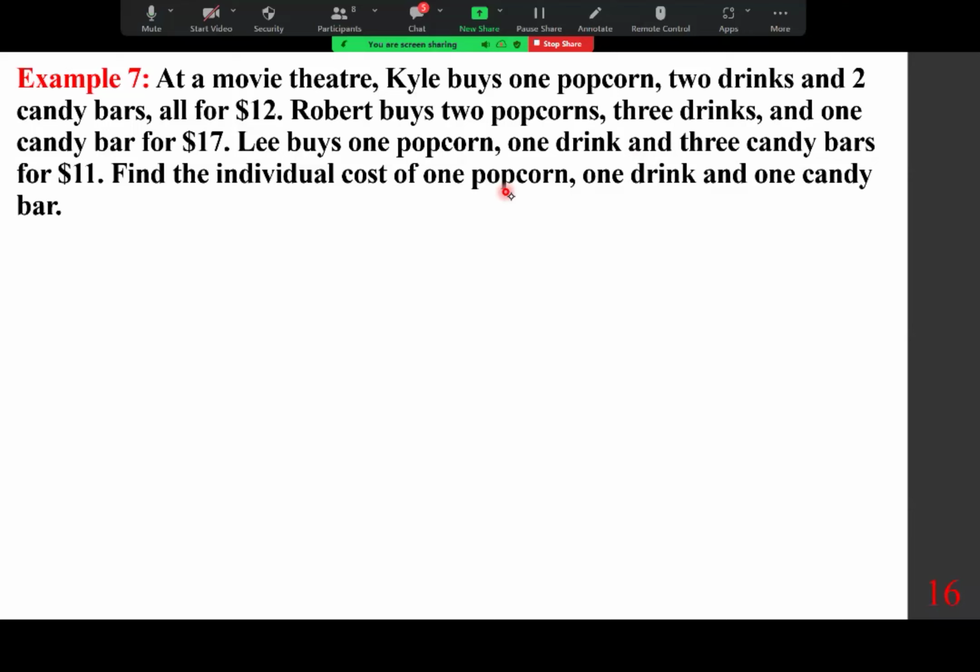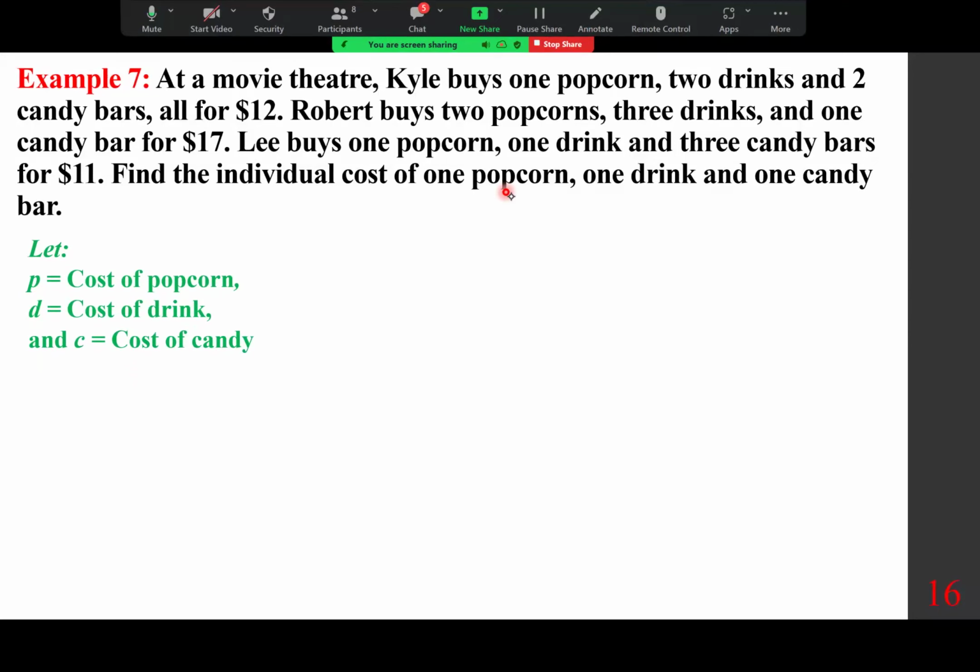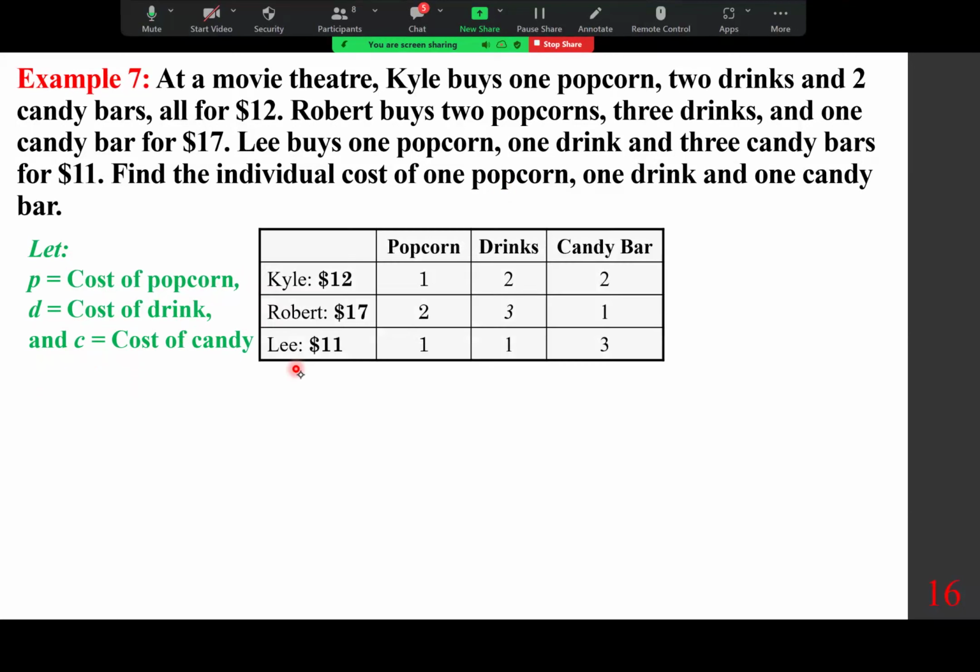So first, I'm going to use the initials. I let P be the cost of popcorn, D the cost of a drink, C the cost of a candy. You can go with X, Y, Z, or anything else you want. When you go with the initials in cases like this, I think it makes it a tad easier. So let's make up a table.